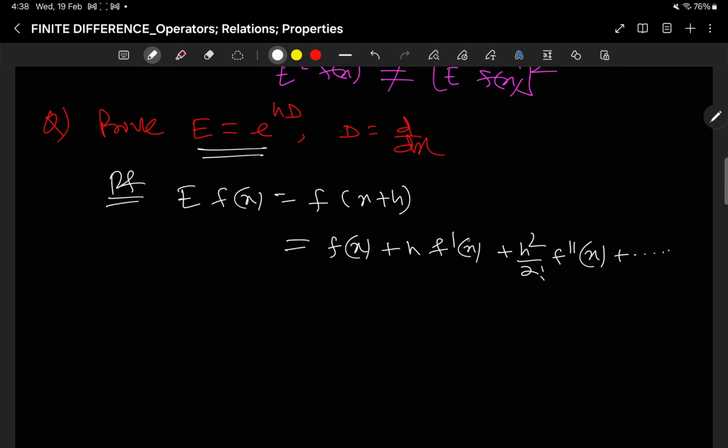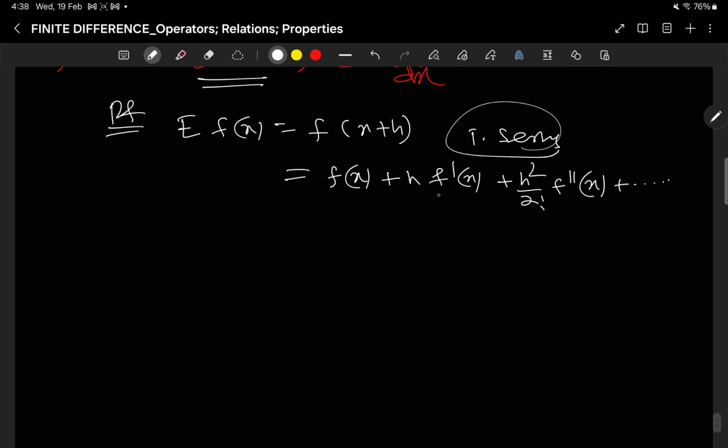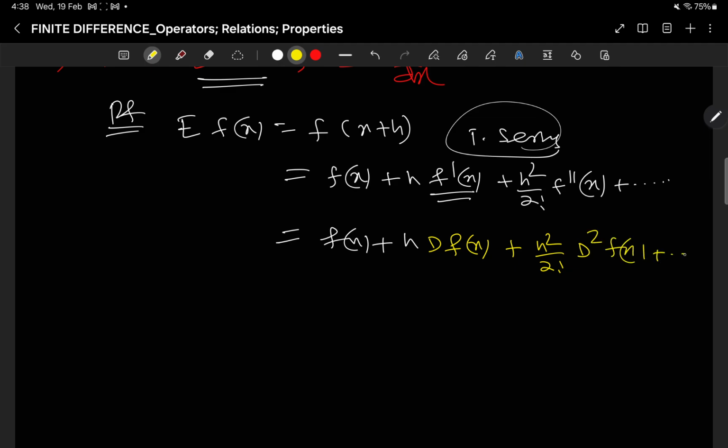Okay, this is the Taylor series expansion. So this is equal to f(x) plus h times the derivative of f(x), plus h square by 2 factorial times the second derivative of f(x), and so on.